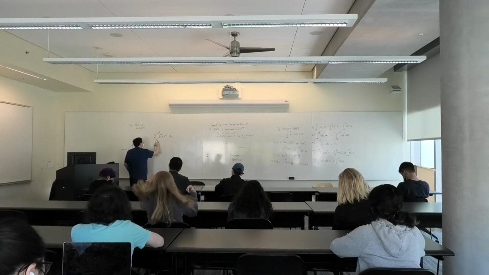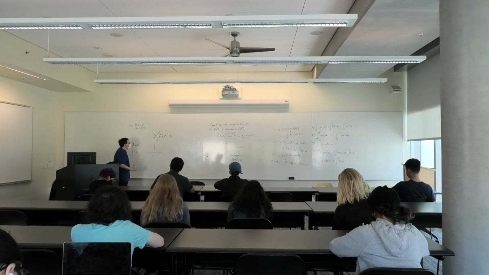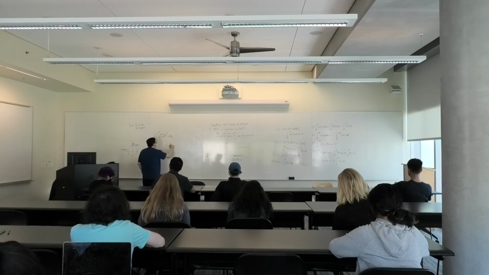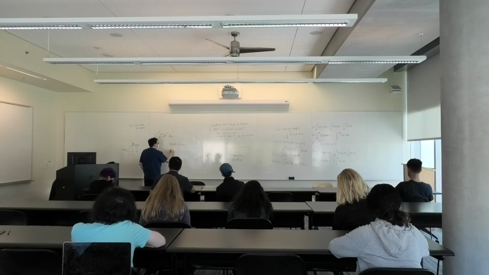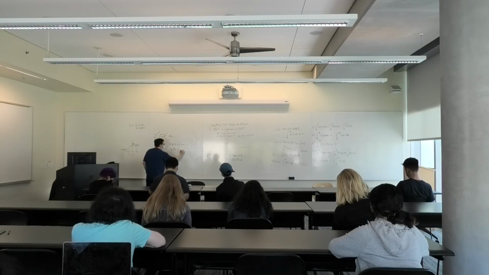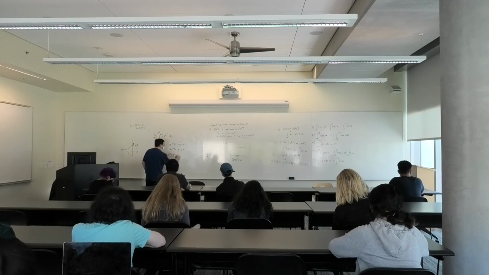Oh, I'm sorry. Negative 1. F of x equals square root of 1 minus x squared. F of x squared equals 1 minus x squared. Or f of x squared plus x squared equals 1.